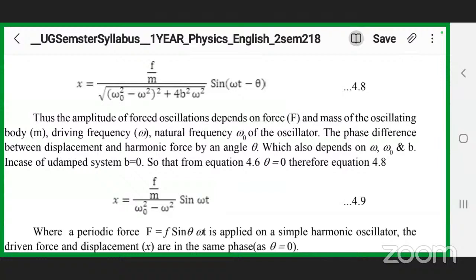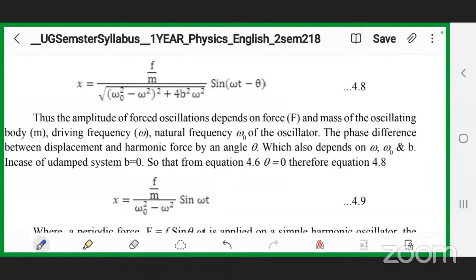Why? Because b is 0. The condition is undamped. If b is 0, the square root and the square cancel, and the remaining is this term. And theta is also 0. So the 4.8 equation becomes 4.9.